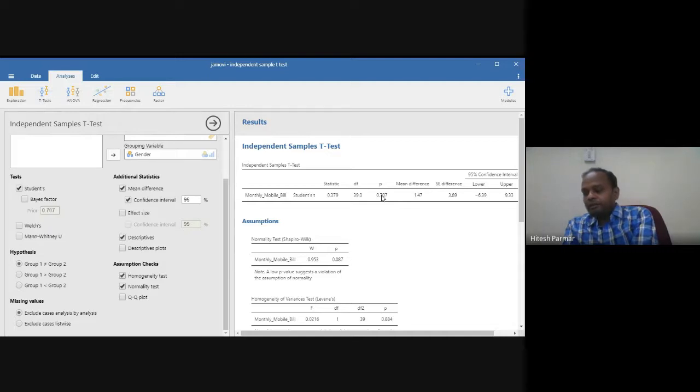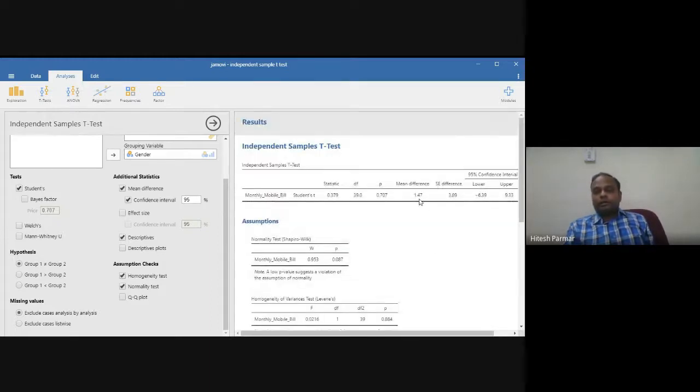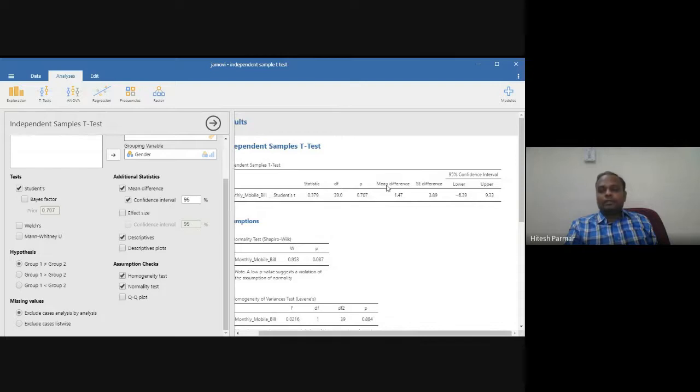And we can conclude that there is no significant difference in the average monthly mobile bill between male and female respondents. We can confirm that the difference between these two groups is not statistically significant. And whatever mean difference we observed, 1.47, is just by chance. Otherwise, statistically, the difference is not present.